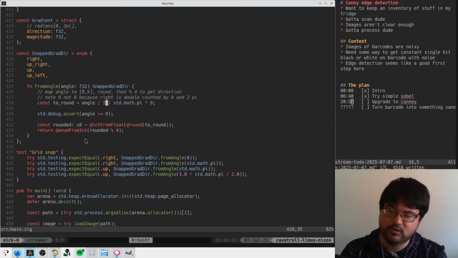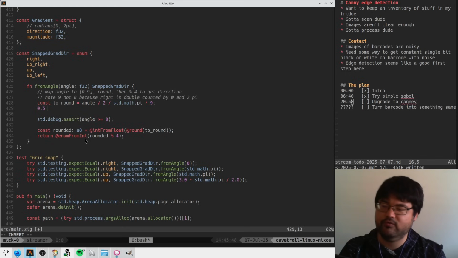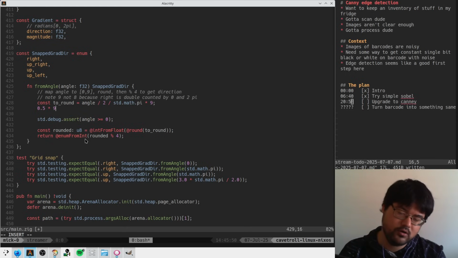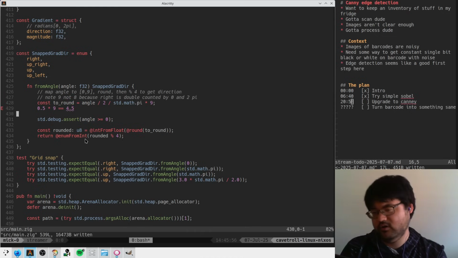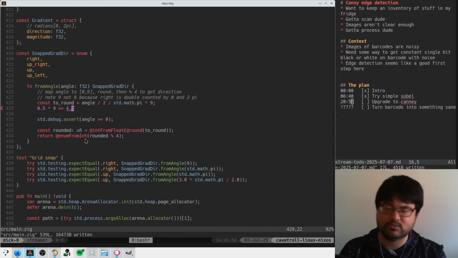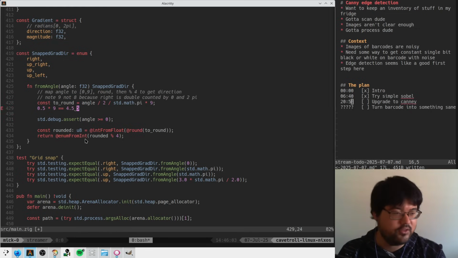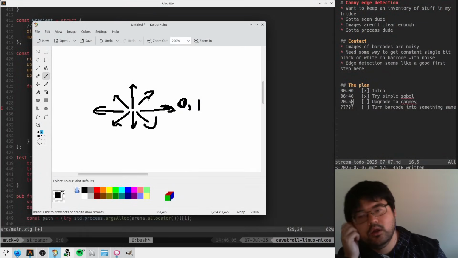Pi over 2 over pi, so this is 1/2, 0.5 times 9 is 4.5. So this rounds up to 5. 5 mod 4. Yeah, this is wrong. This approach was not correct.